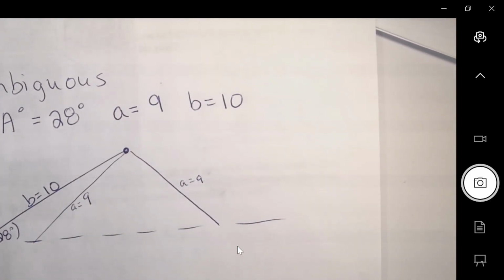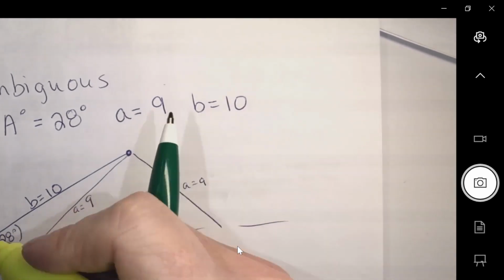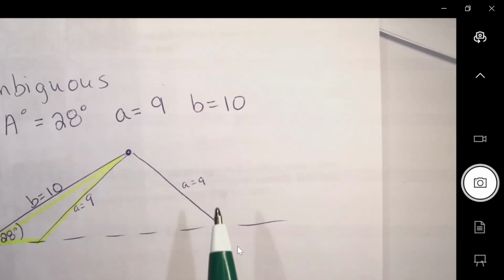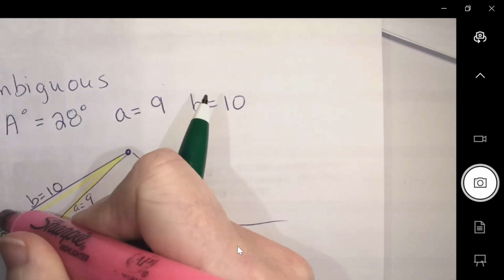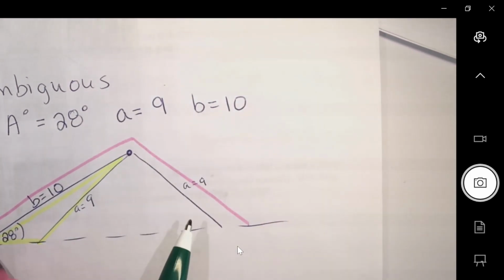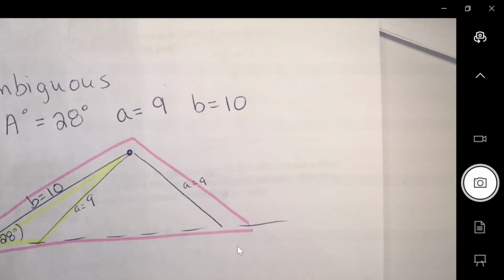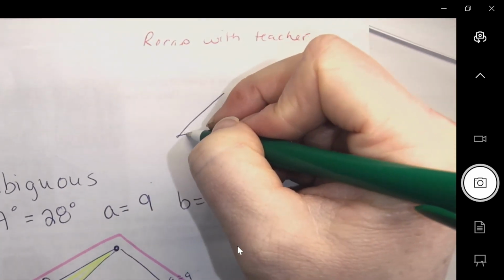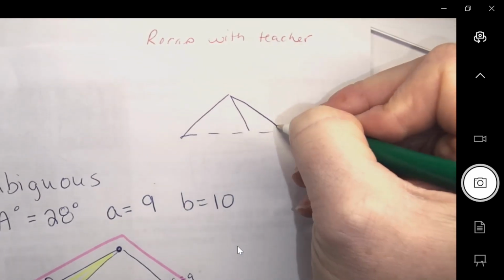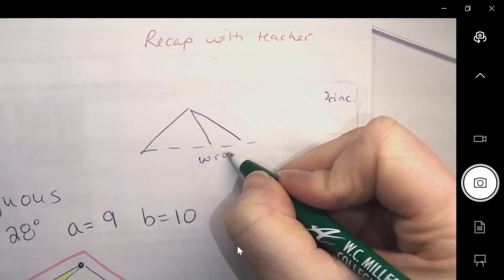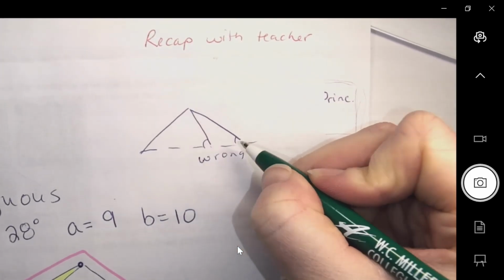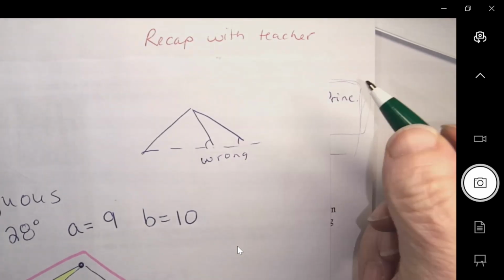Do you notice how one triangle I drew is an obtuse angle? And one triangle I drew is an acute triangle. So somebody who would draw me a picture like this would be wrong, because those are both less than 90, which is not possible.